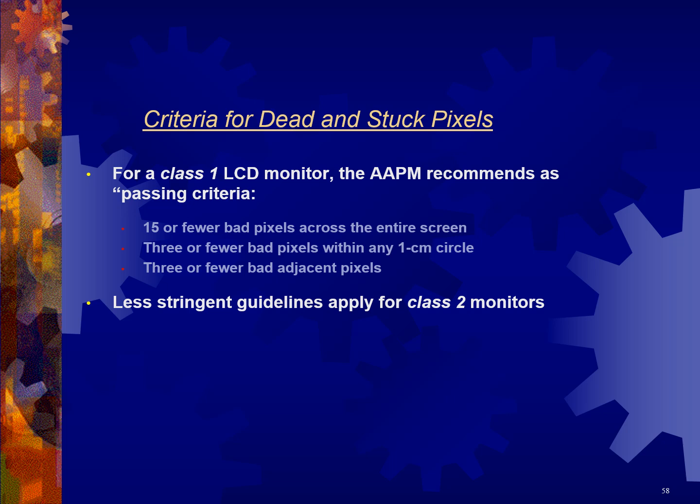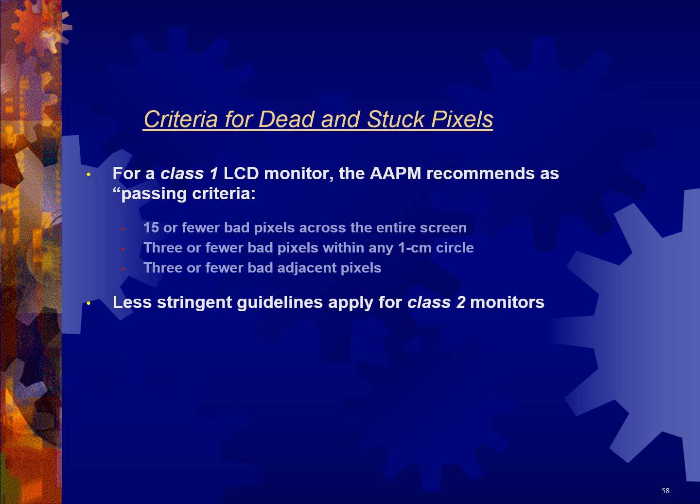Okay, and you will have to magnify it up so you can see individual pixels, and then start panning through the entire pixel matrix to see if anything stands out as a different color to you. Okay. 3 or fewer bad pixels within a 1 centimeter circle, 3 or fewer bad adjacent pixels. Okay. Less stringent guidelines apply for class 2 monitors.